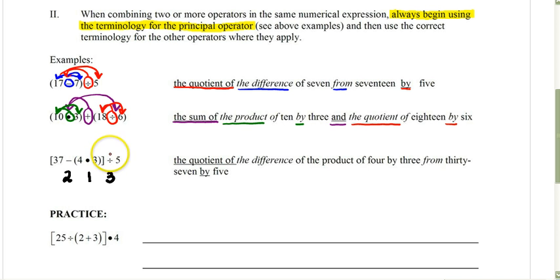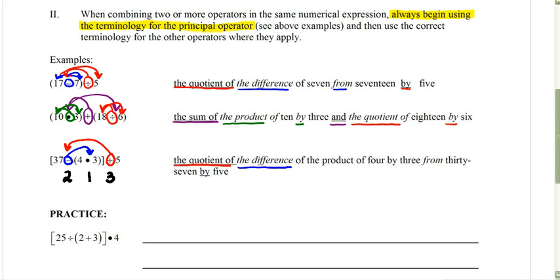So let's start with our division sign, which translates as the quotient of. Quotients go to the left. On the left we see a subtraction sign which translates as the difference of. Differences go to the right.